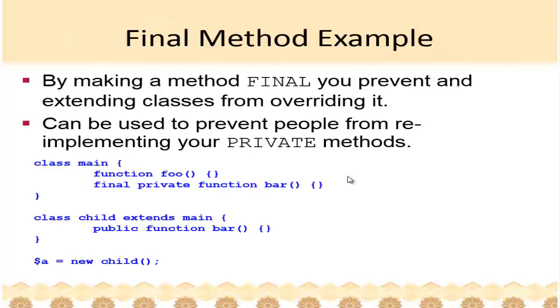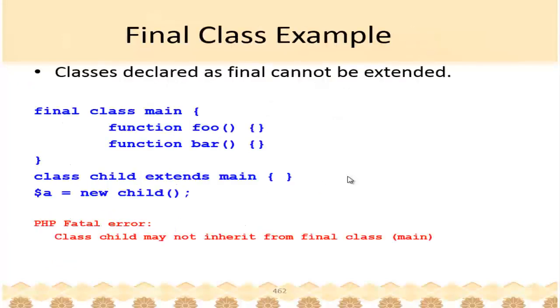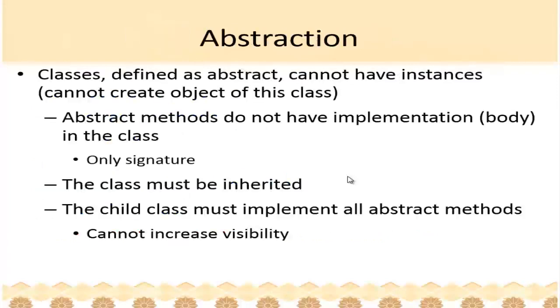So what is usually done is we put final in front of our methods in order to prevent others from overriding them. Now here you have a final class, and if any child class tries to extend this final class, they will get an exception saying that it is not possible for them to do that.